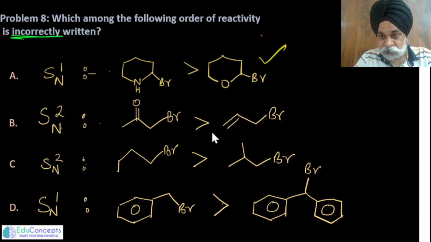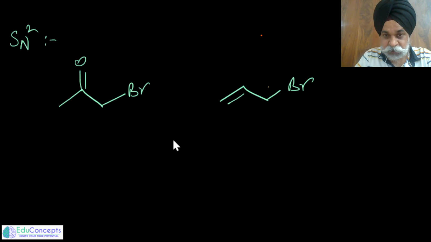So SN2 for this we have done in an earlier session also, if you look into the SN1, SN2 discussion in some of my DCD series. So here you have alpha bromo ketone. Alpha bromo ketone is a very good site for the attack of nucleophile.